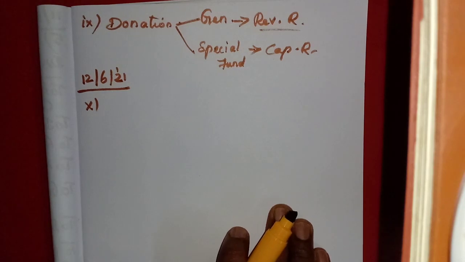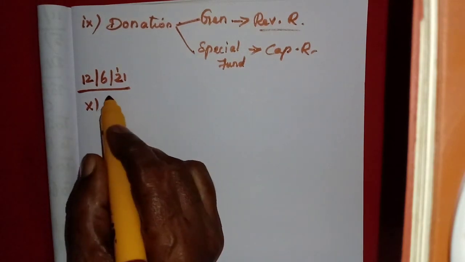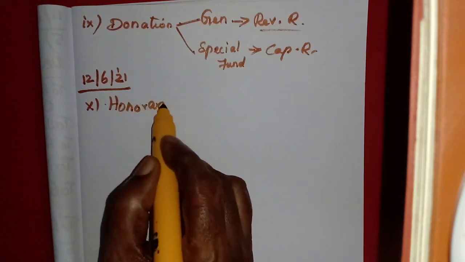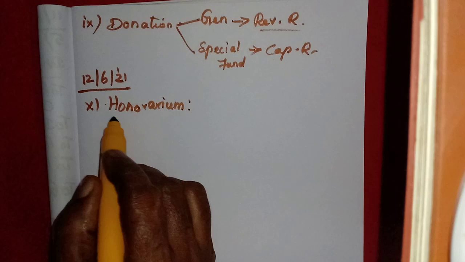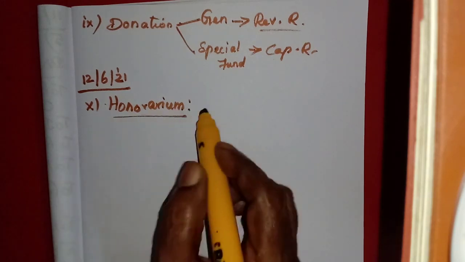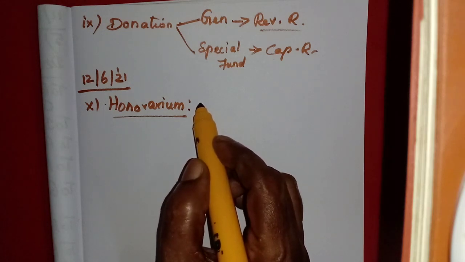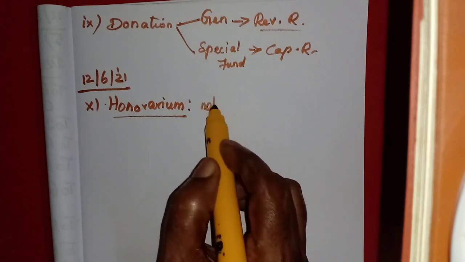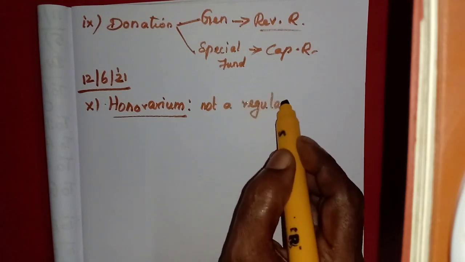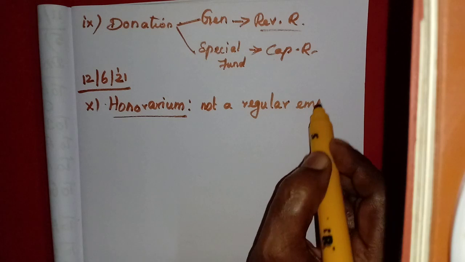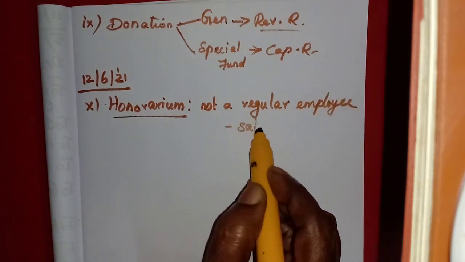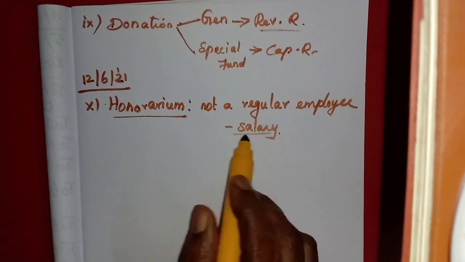Okay, so now we will learn the 10th one, honorarium. What is the meaning of this honorarium? This is the payment given to an employee who is not a regular employee. It will not come under salary.